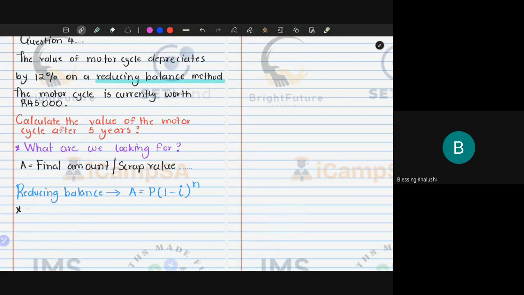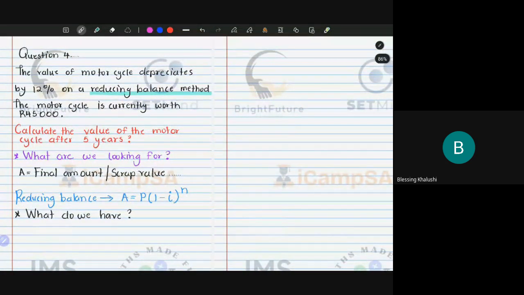That is what our brain is supposed to say. When it sees reducing balance, it should tell us that we should use that formula. So we can go ahead now and apply it. And my question before we go there is, what do we have? We answered what we are looking for. We are sorted, but what do we have? Anyone? We have the present value. So what is it equal to? 45,000.